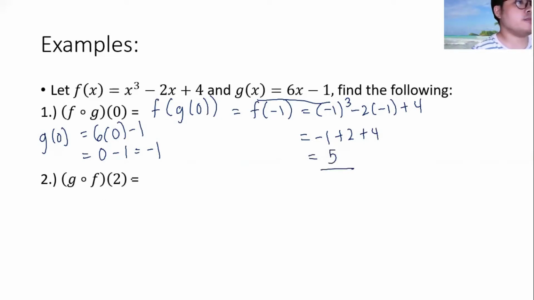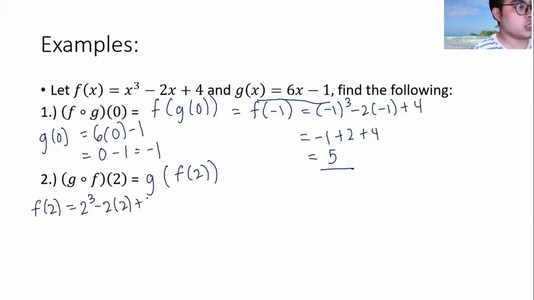So here, this will become g of f of 2. So you're going to substitute 2 in the function f. It will become 2 cubed minus 2 times 2 plus 4. Since 2 cubed is 8, then 2 times 2 will become 4, then plus 4.